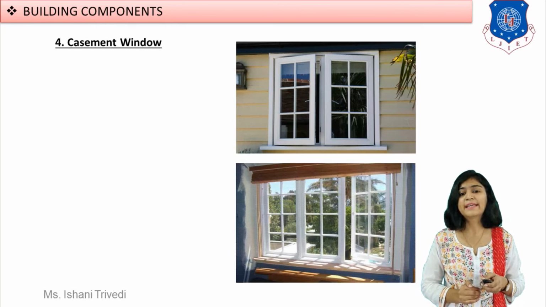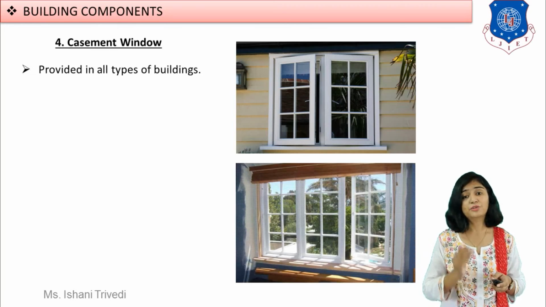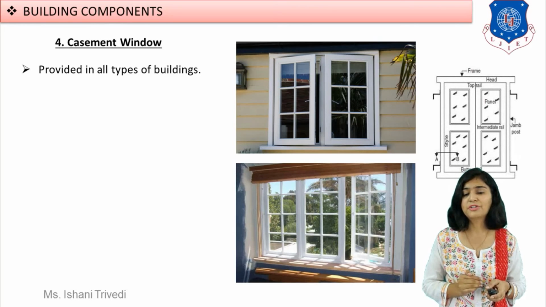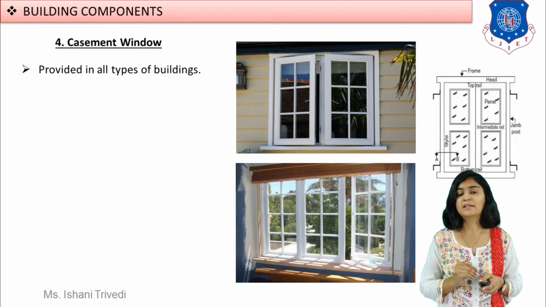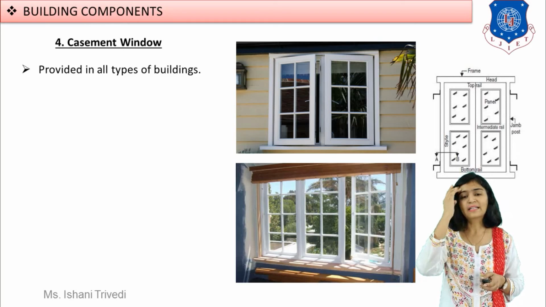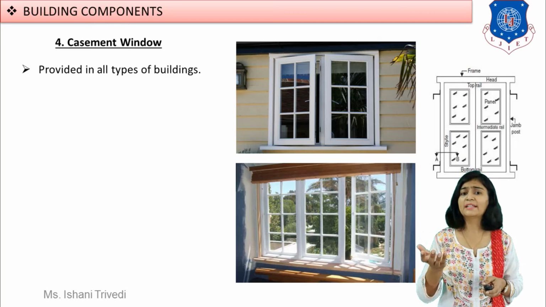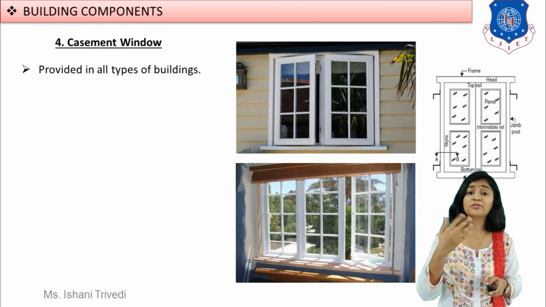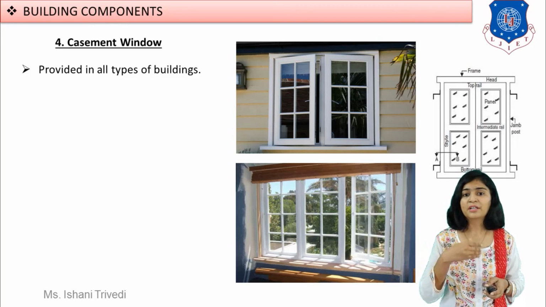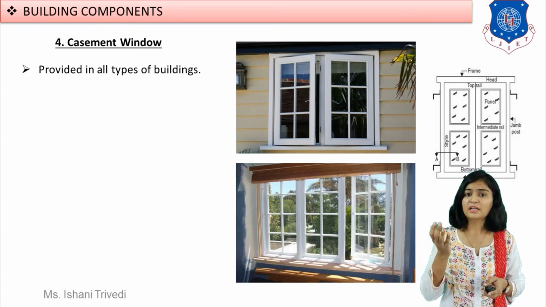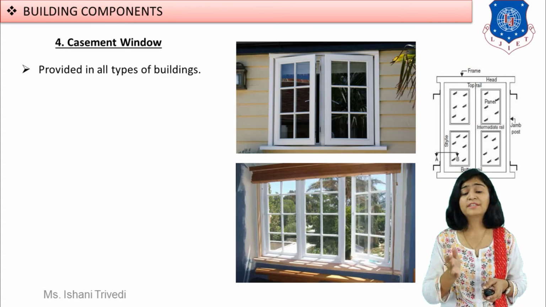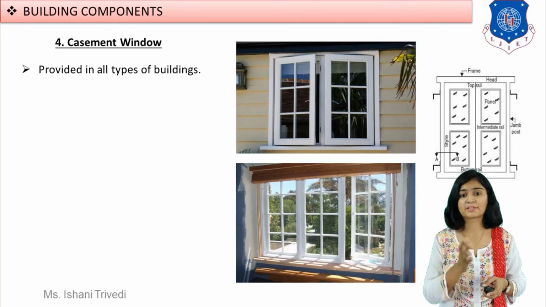Next we have the casement window. I told you already that the glazed and sash window and the casement window are more or less the same, but in a glazed and sash window it may be partially glazed and partially panelled, or fully glazed. Here you have a glazed window but with casement, with sash bars.